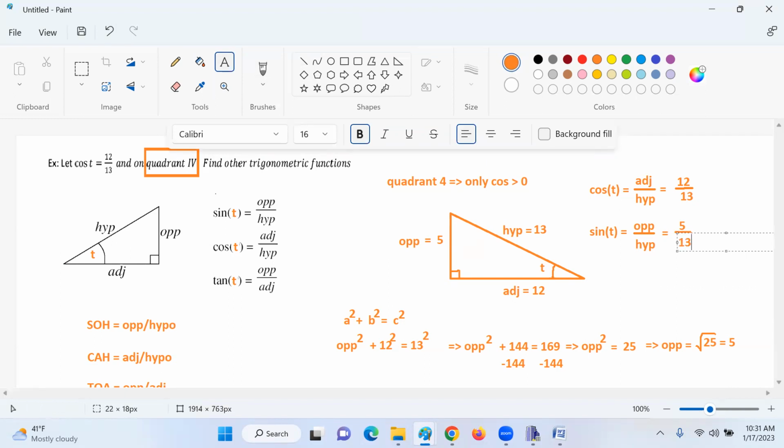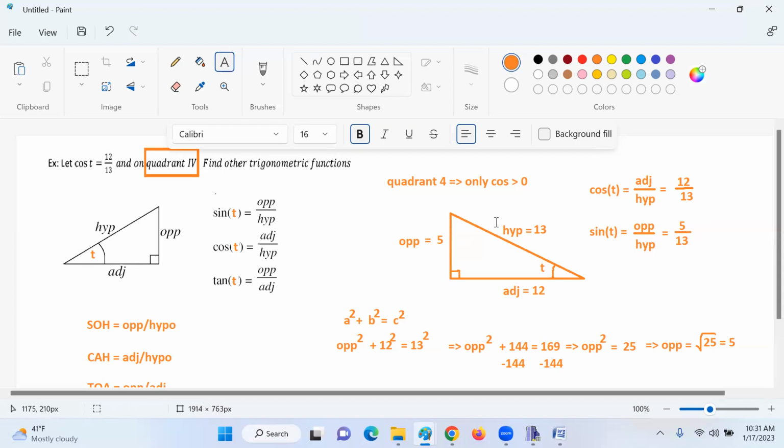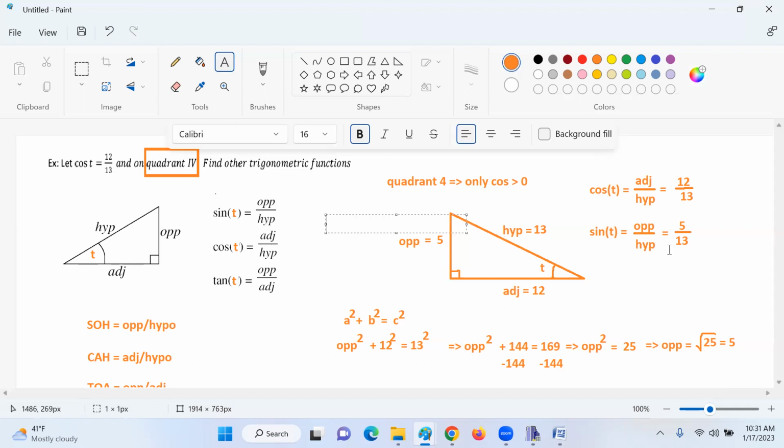Okay, so remember the triangle theorem is going to give you the side length, but it doesn't tell you directly where the sign is coming from, right? This is the y value for sine here, coming from the fourth quadrant, meaning that this one should be negative. So the sine will be negative, and only cosine is positive, meaning that we have to change that to -5 over 13. The triangle doesn't give you the sign, but the quadrant is going to give you the sign.